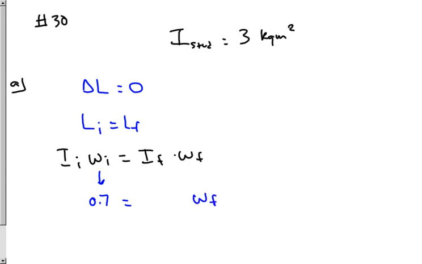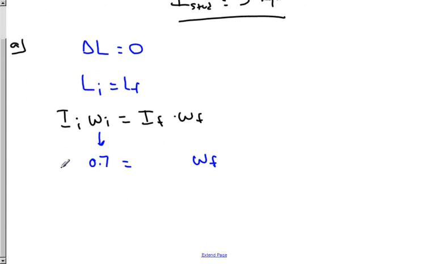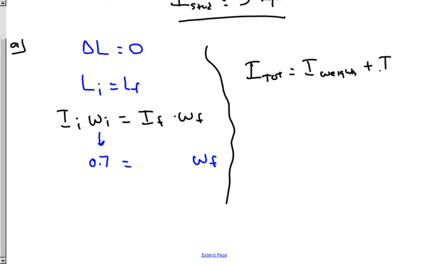Unfortunately, we can't just use the I of the student, because the student is not the only thing rotating. We have to use the moment of inertia of point masses, which are the two masses on the outside. So our I total is going to be equal to the I of the weights plus the I of the student.